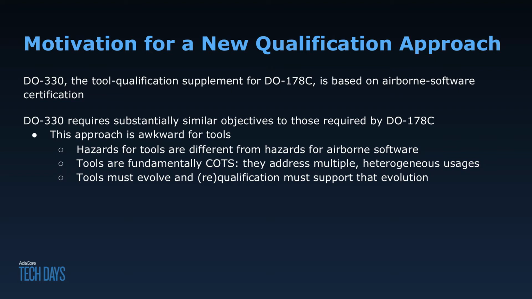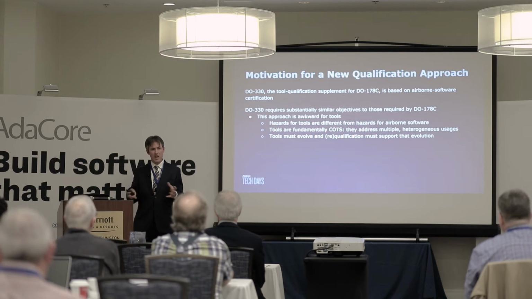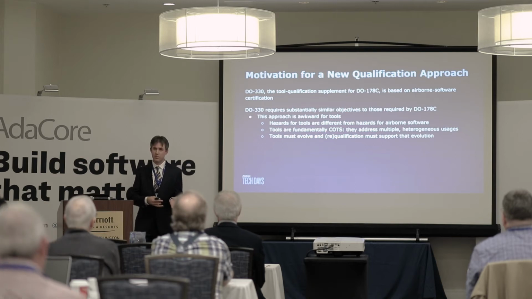It's generally not a hazard if a tool halts on bad input or because of some erroneous internal state. But for airborne software, if it halts on bad input or erroneous internal state, this is probably an issue because likely that software is safety critical and serves an essential function for the aircraft. So the hazard space for tools is different from the hazard space for airborne software, and thus asking for the same objectives probably doesn't make sense.